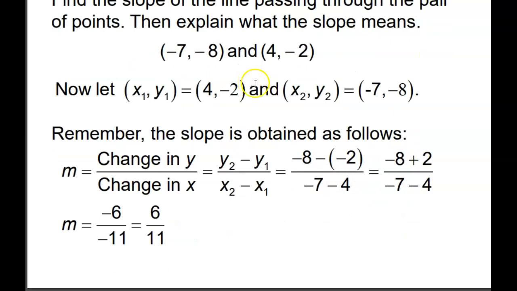In the bottom, my x2 was -7, and my x1 was 4. -7 minus 4 will give me, the signs are the same, so I add and keep the original sign. I get -11. So what you see here is I get -6 divided by -11.